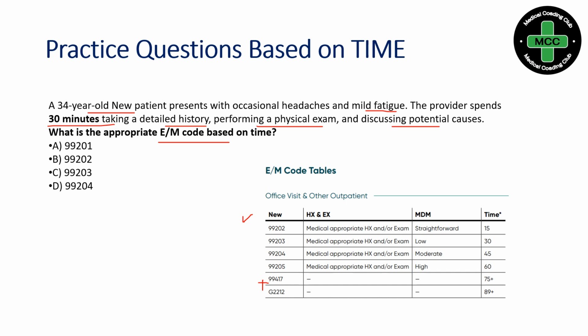Please be aware, the time you see for a new patient will not be the same for an established patient. Established patients have less time for each level, but for a new patient generally it will be more time. Okay, so 30 minutes new patient means you will be getting 99203. So 99203 will be the correct answer.